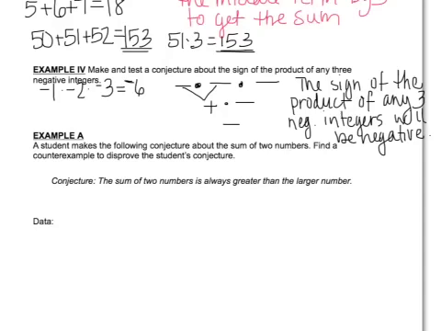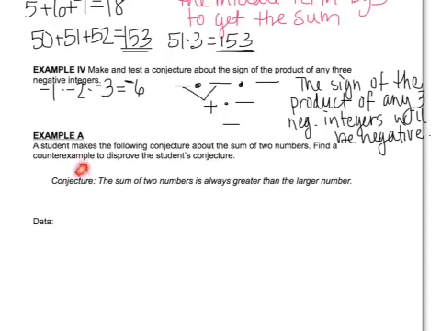All right, let's look at the next one here. So the next one says example A, and this is actually on the next page of your notes. You're going to want to flip your page over. It says, a student makes the following conjecture about the sum of 2 numbers. Find a counterexample to disprove the student's conjecture.